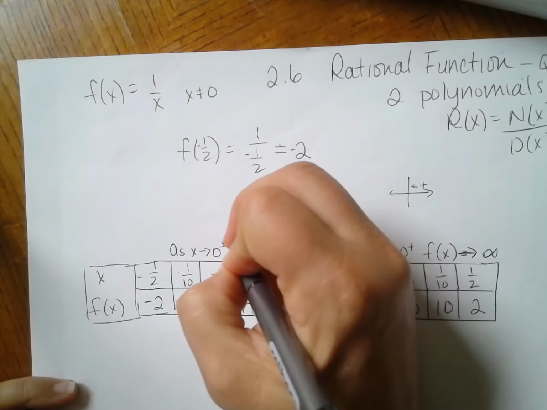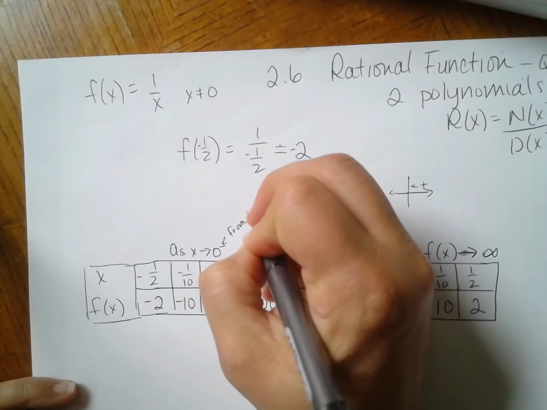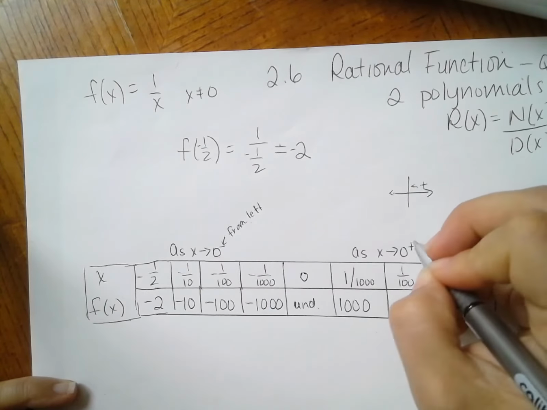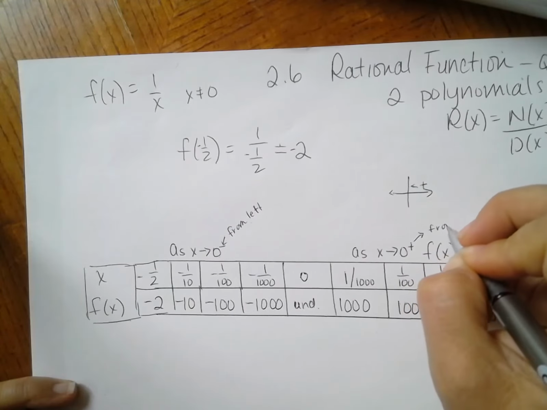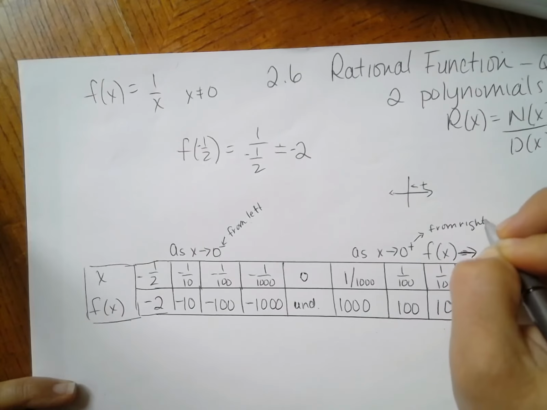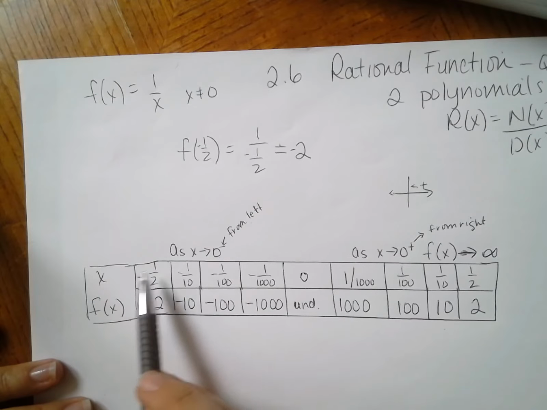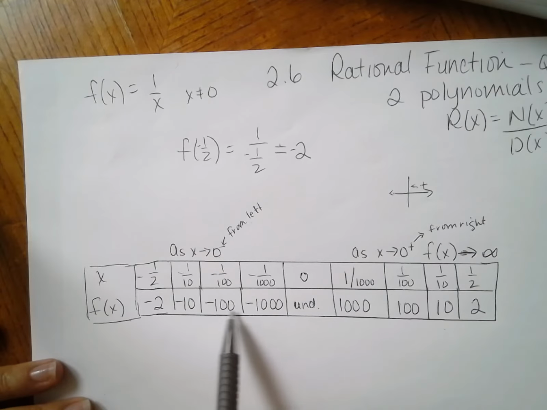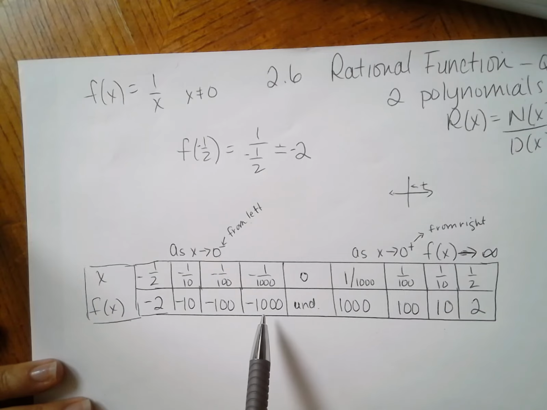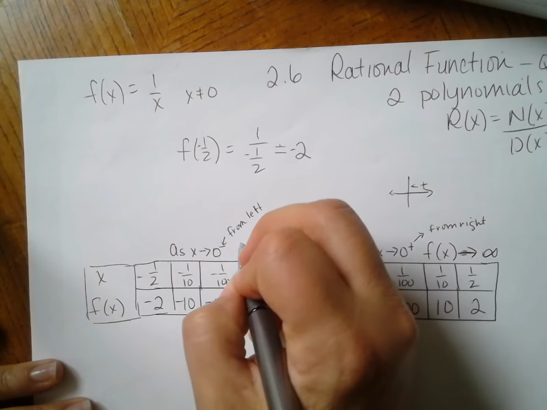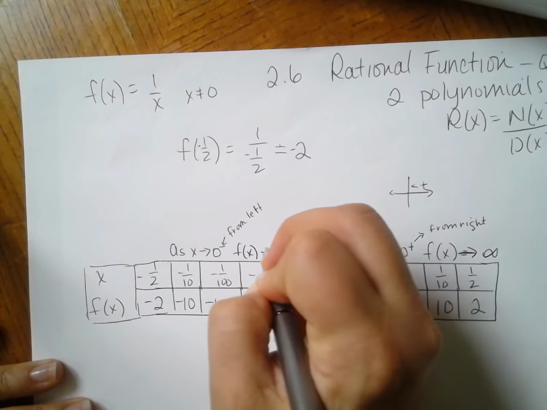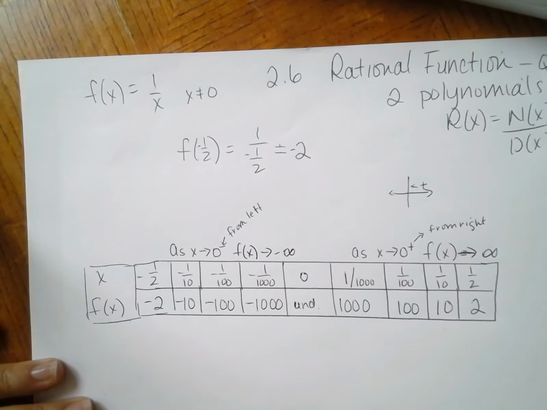So this little minus sign says from the left, and the plus sign says from the right, of whatever number is here, okay? So right means slightly bigger than the number, left means slightly smaller than the number. All right, so as we approach 0 from the left this time, my numbers are getting really big again, except they're negative. So we say that f of x approaches negative infinity, okay?